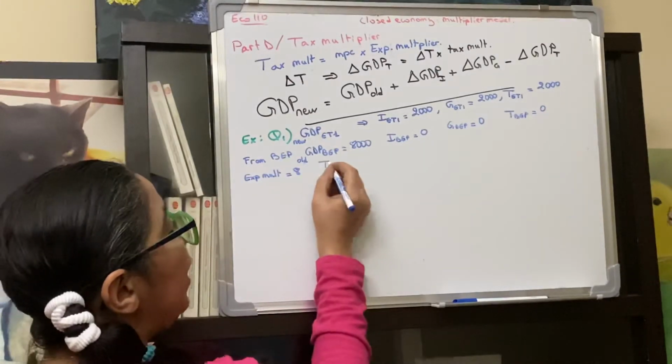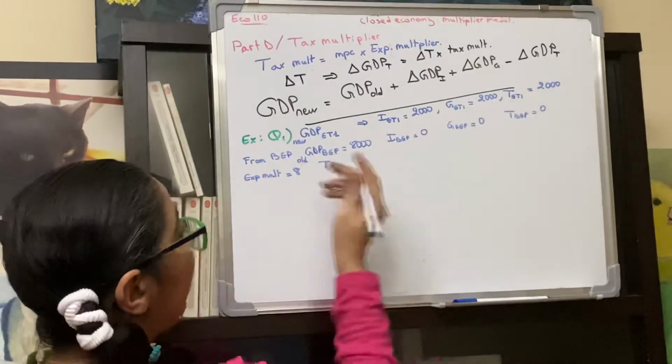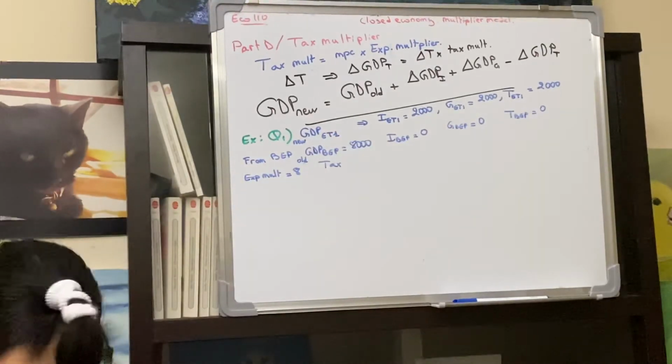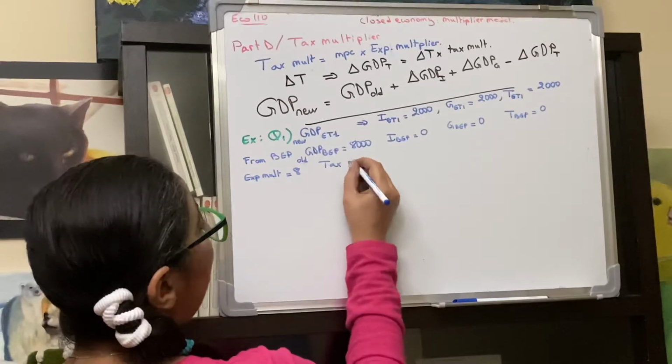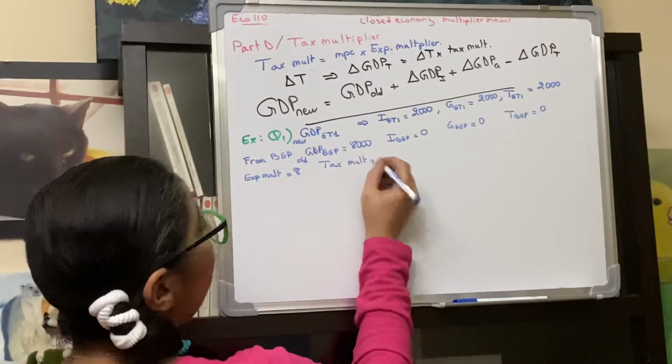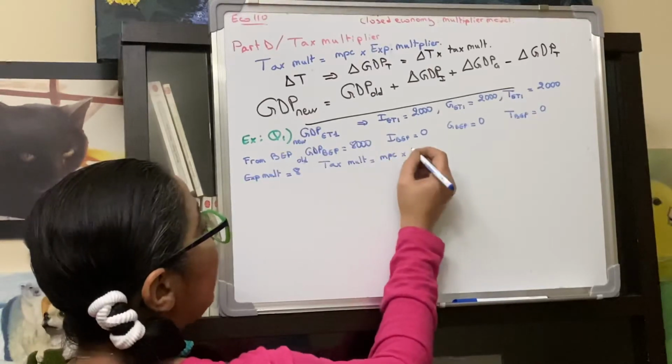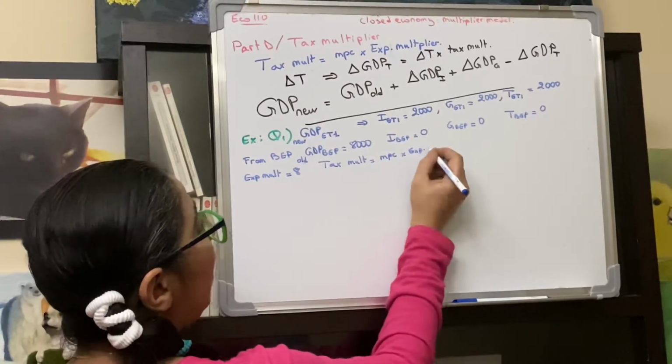Now I need to calculate the tax multiplier because I have tax now. I'm sorry, tax multiplier is equal to MPC times expenditure multiplier.